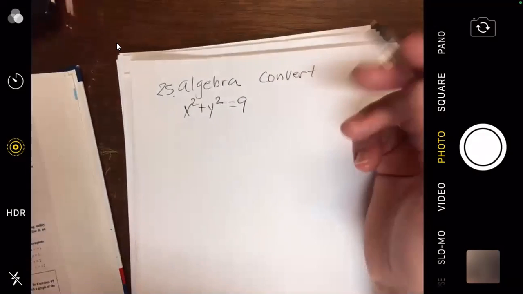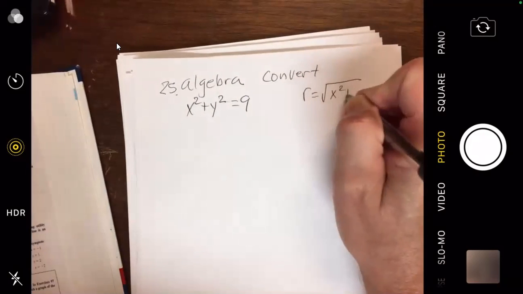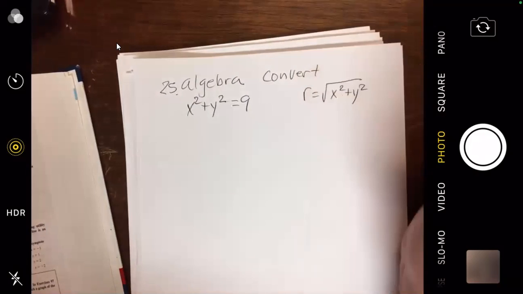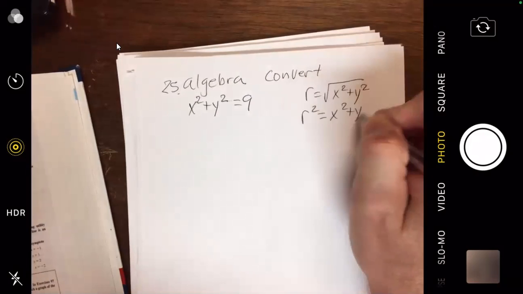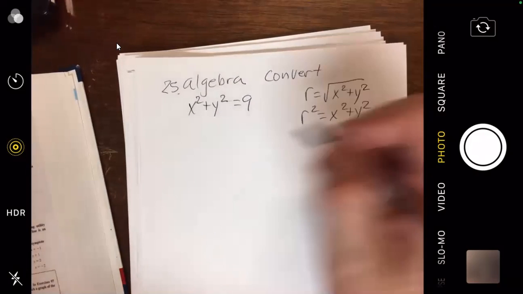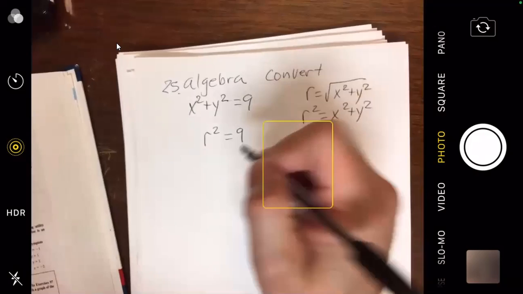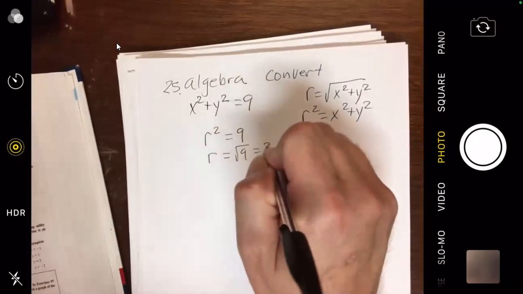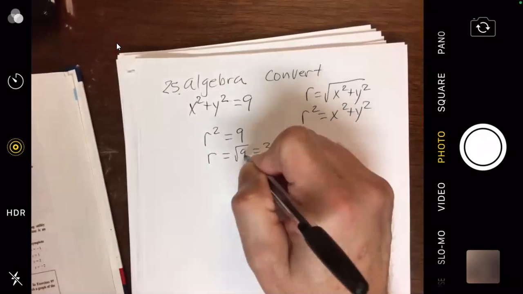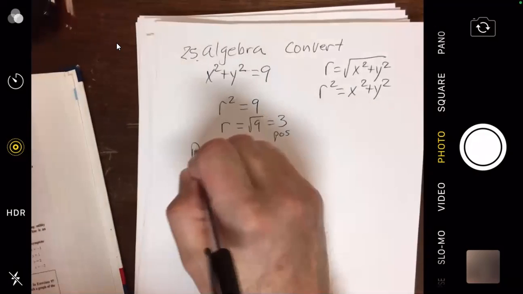So this is where you got to know all your equations and know which ones to use when. R was the square root of x squared plus y squared. You see R squared then is x squared plus y squared. So you can put R squared over here equals 9. And R then equals the square root of 9, which is 3. R is positive. You don't really need to mess with plus and minus. So this is called the polar form.